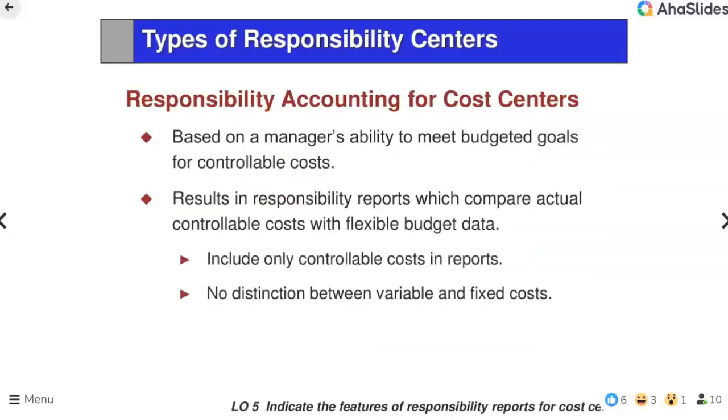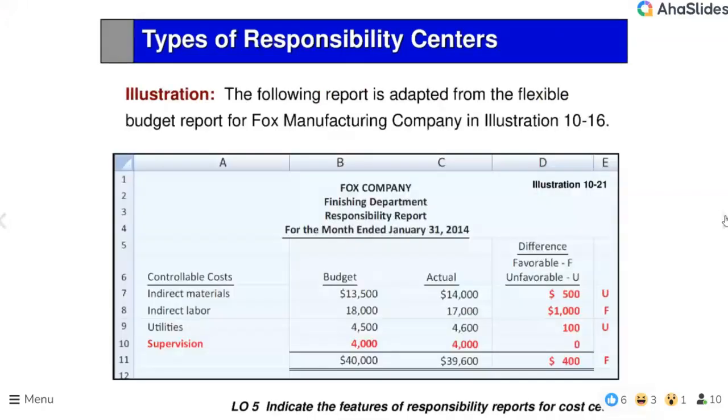Now, responsibility and cost centers. For a cost center, the report is the type of report that we already looked at. We're comparing the budget to the actual, flexible budget for indirect materials, indirect labor, to actual.